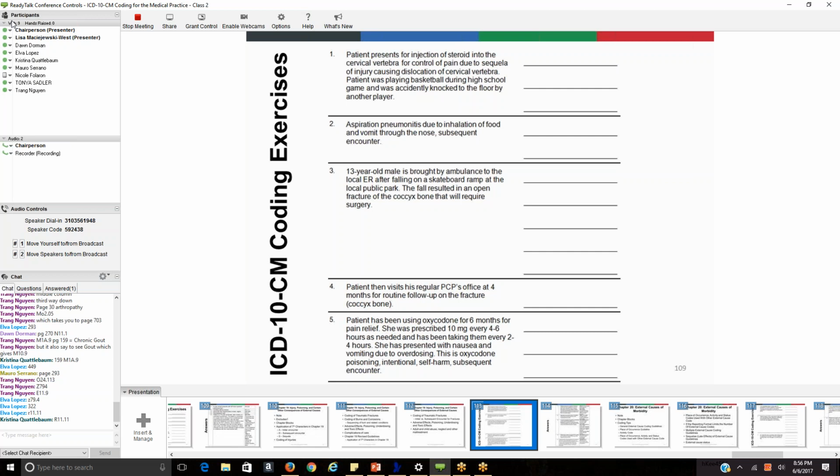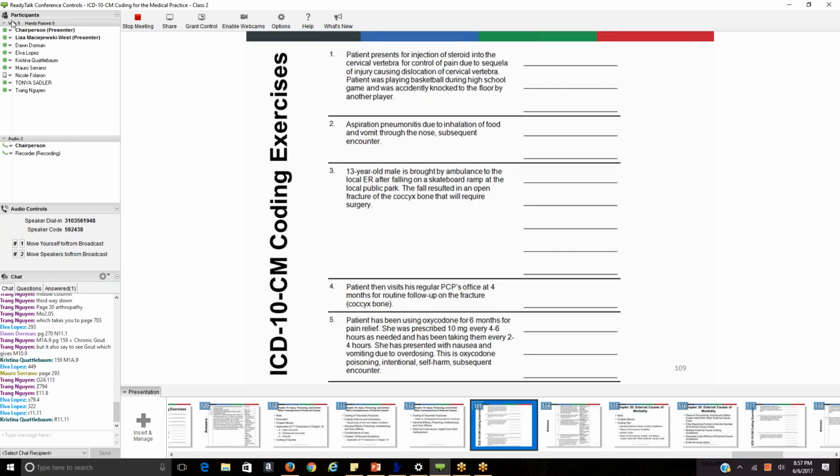Then the place of occurrence is the next, remember? So number 3 is place of occurrence. Where did it take place? It took place in the local public park. So now you're going to go back to your external cause index. You're going to look up place of occurrence, which is under P, and look for park.